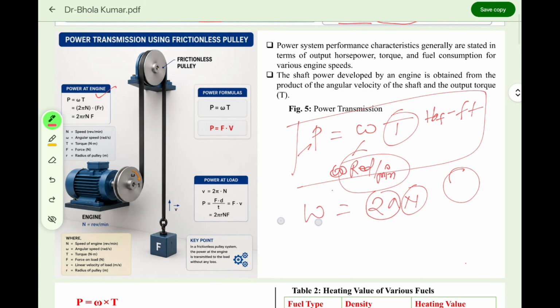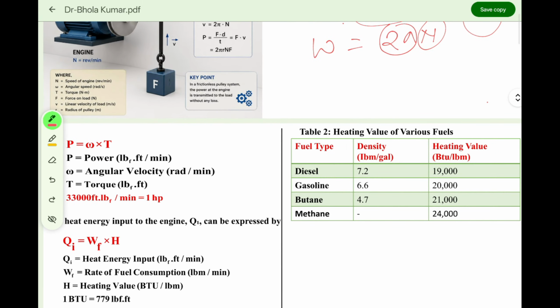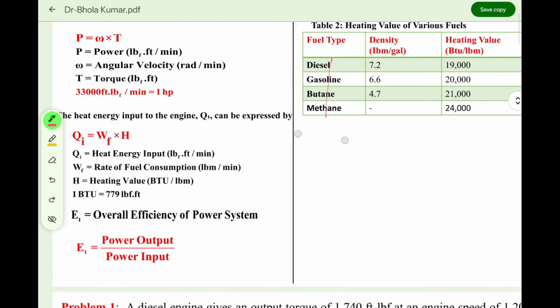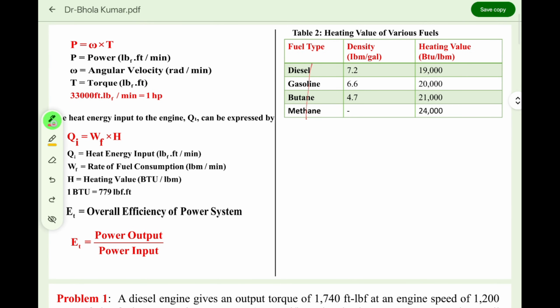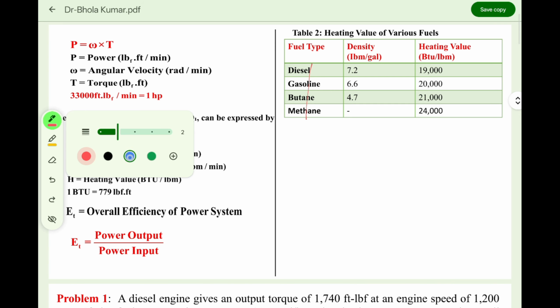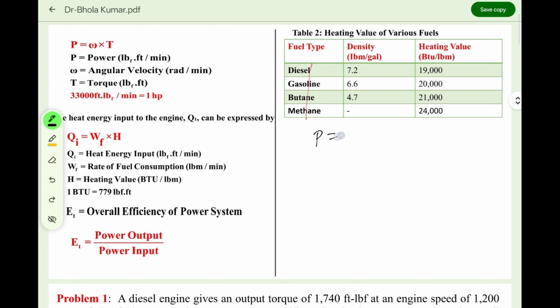This is what we want to discuss. As I said, power can be written as ω times T. The basic unit of power is lbf-feet per minute, pound force feet per minute.